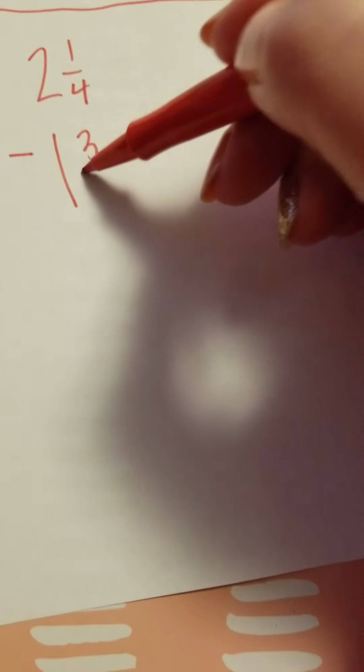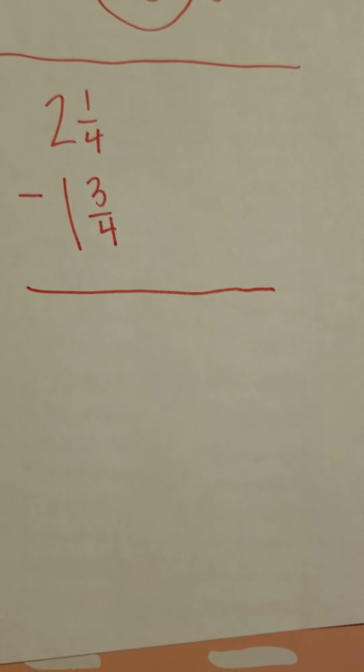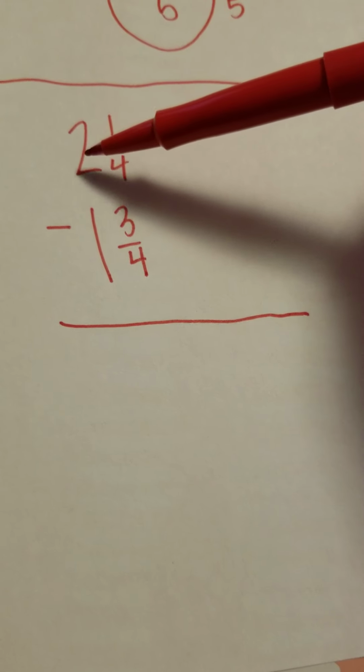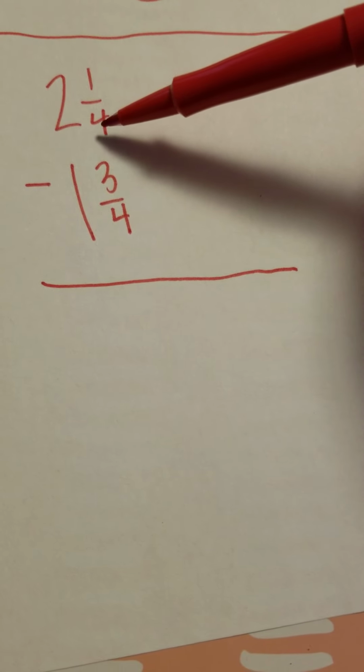Let's look at number 2 on that example side. 2 1/4 subtract 1 3/4. Okay, I'm going to change these to improper fractions first. So if you'll remember, you multiply the whole number by the denominator, then add the numerator. So 2 times 4 is 8, plus 1 is 9.